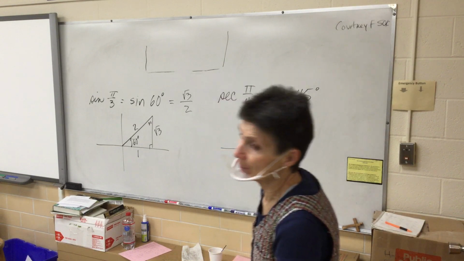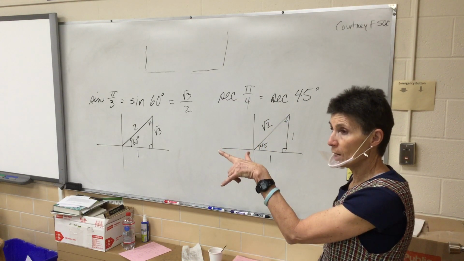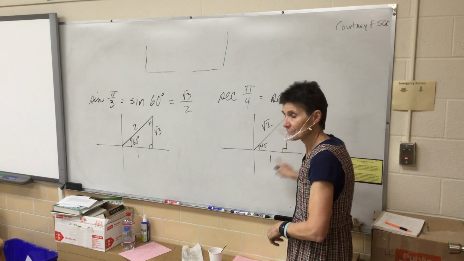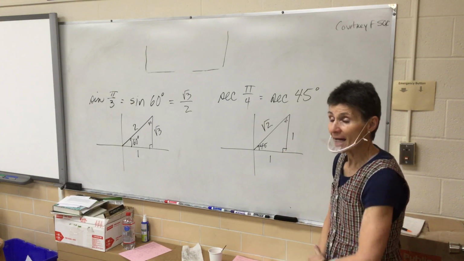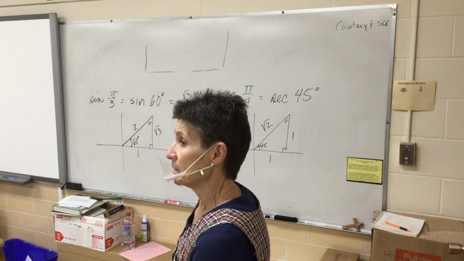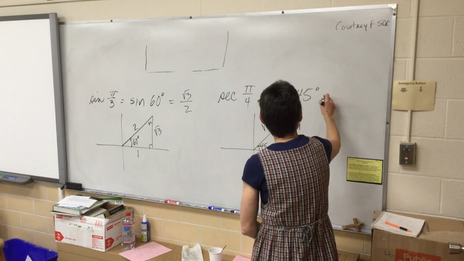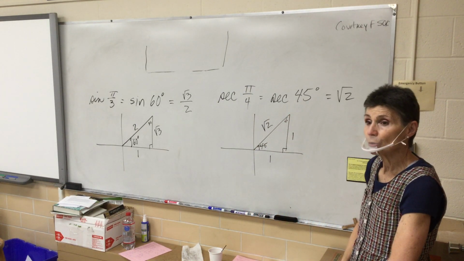So the legs are 1. They match because the angles match, right? And then the hypotenuse is root 2. So based on that, what is my secant? Root 2 over 1. Very, very good. And we're just going to write that root 2, but it's root 2 over 1.